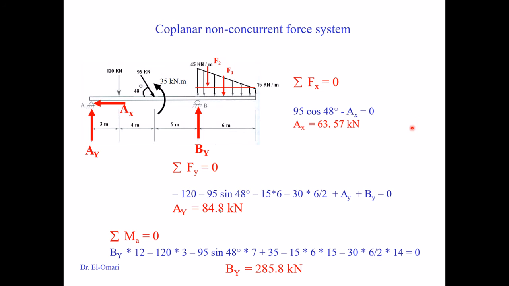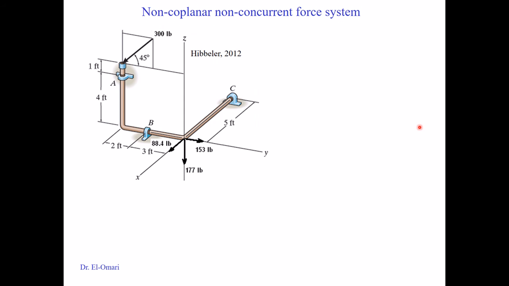Now let's move to the interesting part. Non-coplanar, 3D, non-concurrent, they don't meet in the same point, force system. In a previous session, session 4, we talked about how to find the support reactions, so please review that for this same problem.